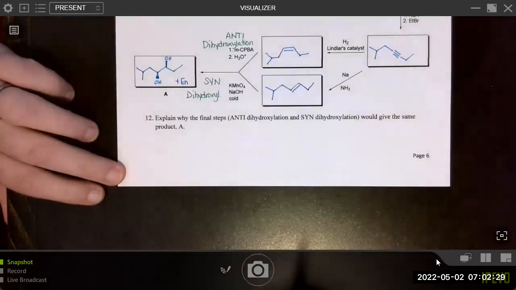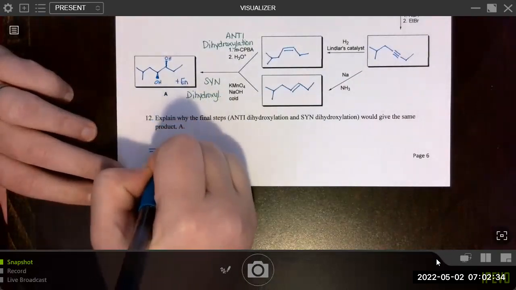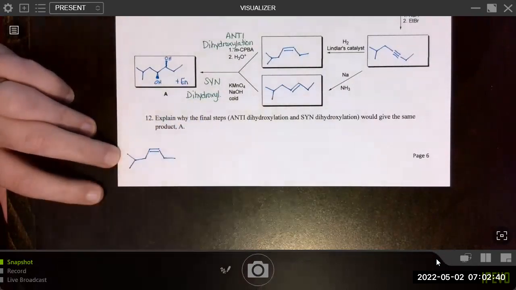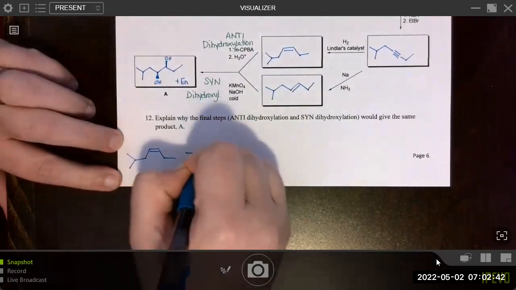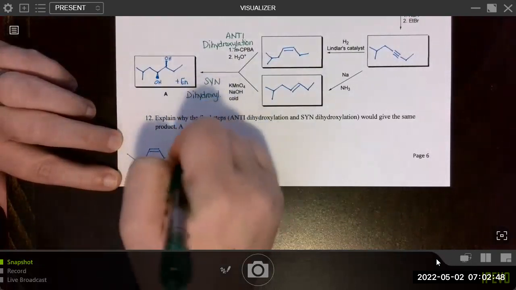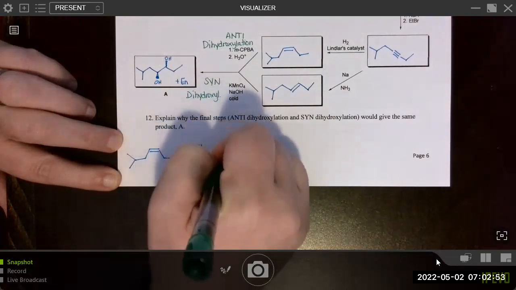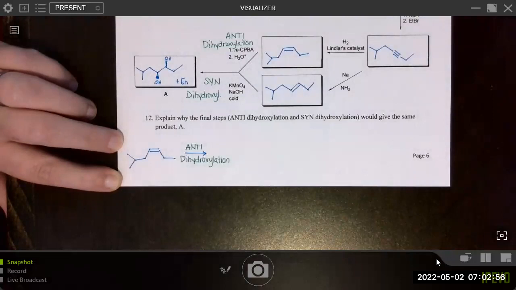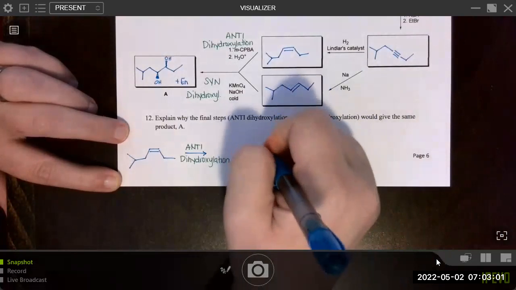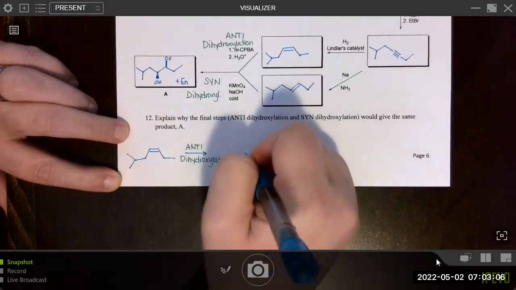So if we look at the cis alkene, and we do anti-dihydroxylation, what we'll see is that we're going to get, using model 2 again. So I'm just going to draw it the same way that I see the carbon skeleton here.